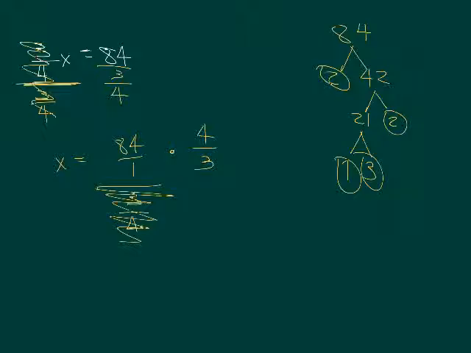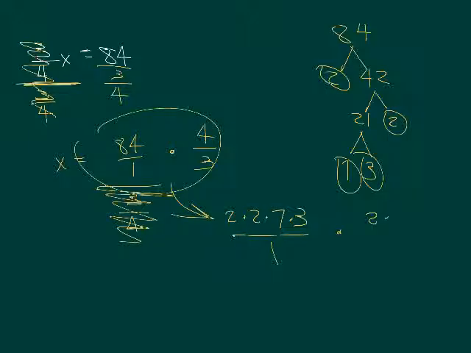So 84 equals 2 times 7 times 3 over 1 times 2 times 2 all over 3. So all that work, and I can cancel, at least get rid of part of it. Okay, so now all I have to do is multiply what I have left up here.